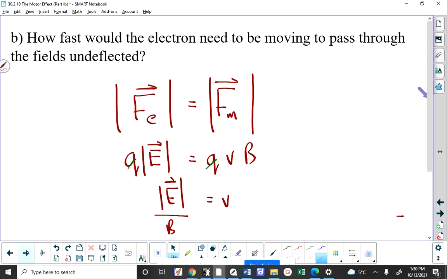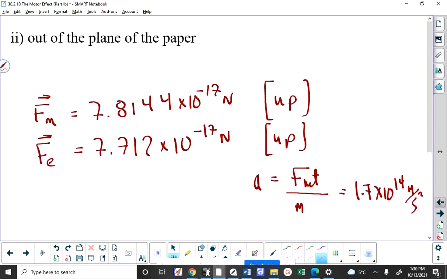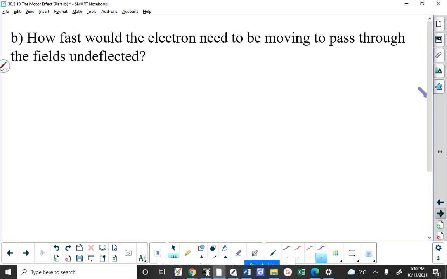And in that case, if it's undeflected, if it goes through the beam straight, that would mean the two forces, when it's in the beam, the electric force up and the magnetic force down, have to be exactly equal but opposite.